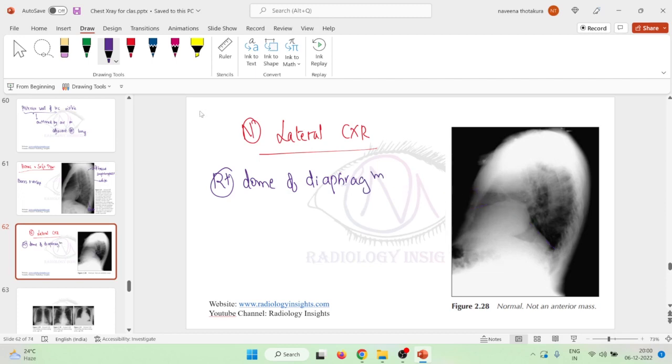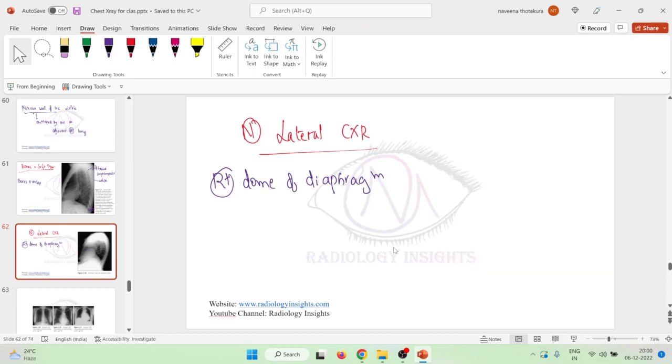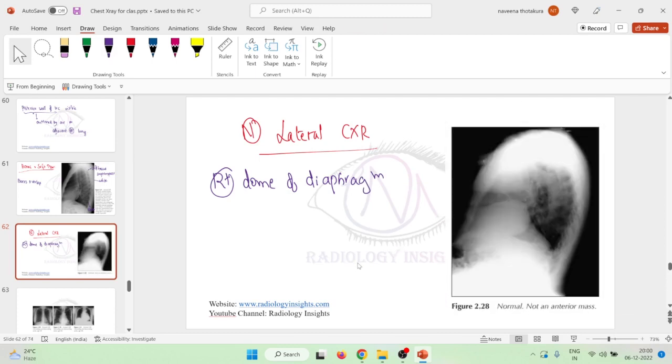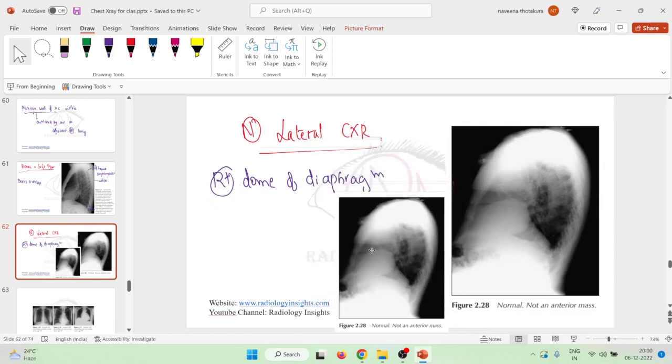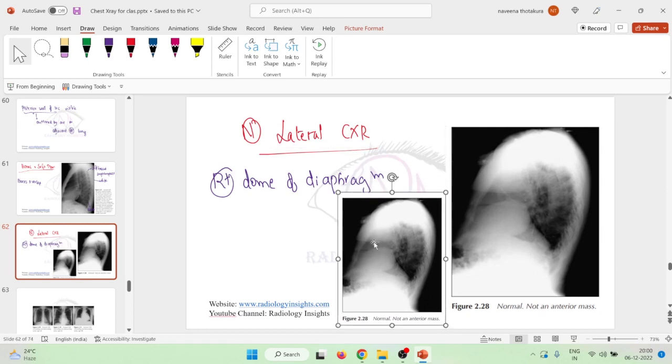I'll do one thing. This is the normal picture, right? I'll draw with a better color. So this is the right dome of diaphragm, and what is the heart? Like this, this is the heart.